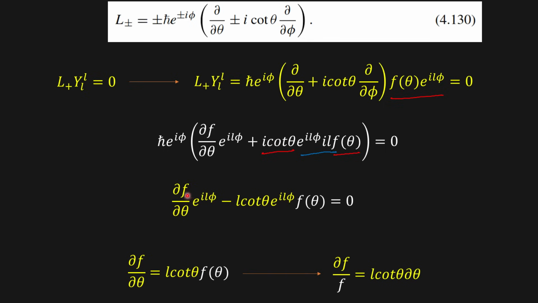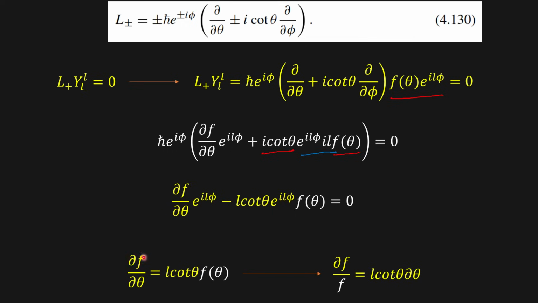Then you will get delta F over delta theta, then this exponential term. Here you have I, another I squared is minus 1, and here you take L cot theta, then this exponential term, that is e power I L pi f of theta, which is equal to 0.